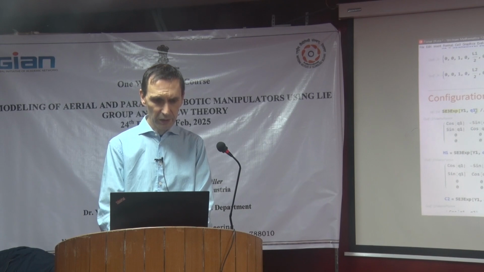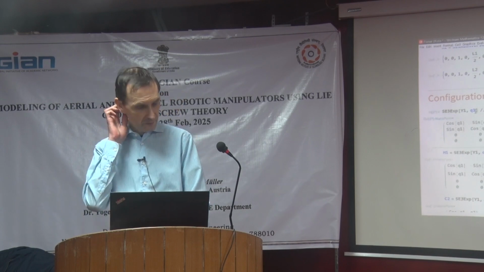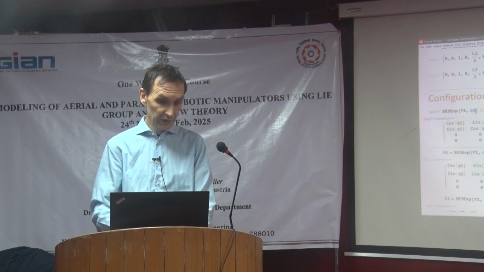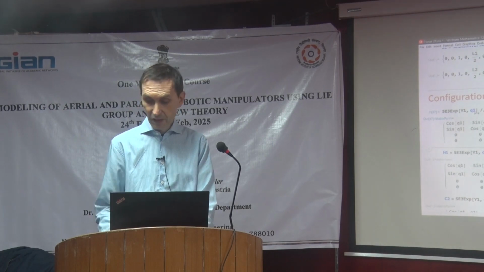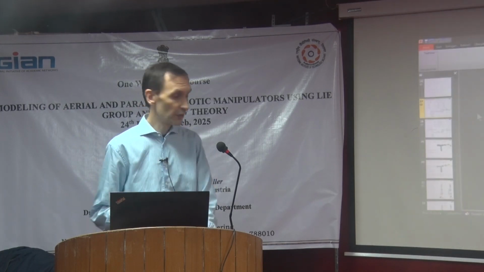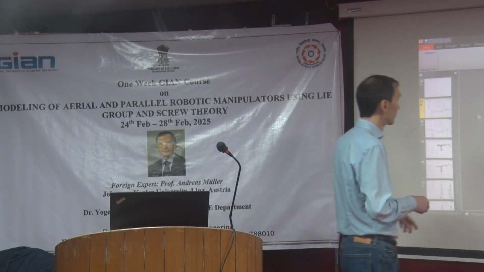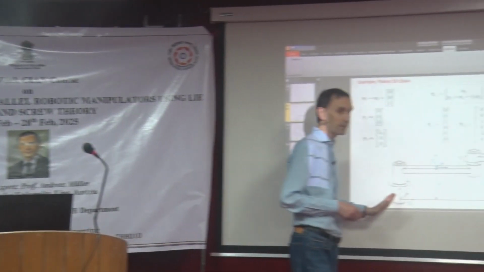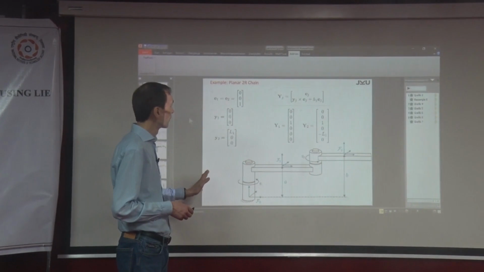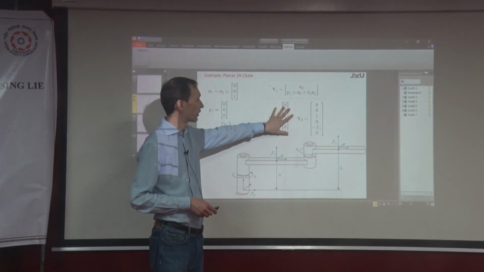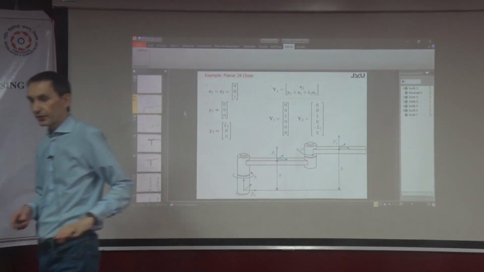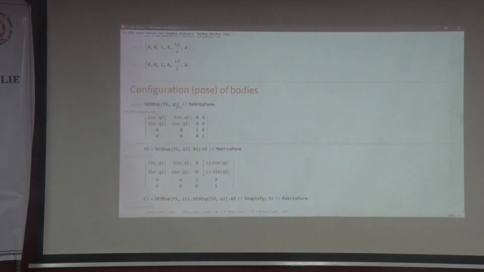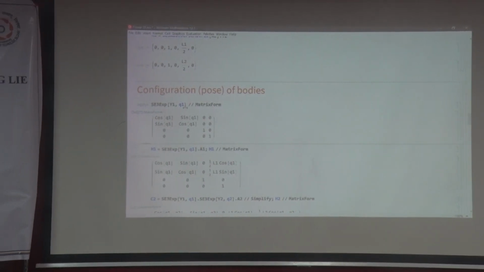Yeah, and then you take the exponential, and then you get, for the first joint, this. So the exponential of this Y1 is apparently just a pure rotation, right?